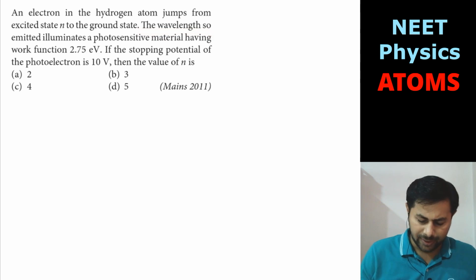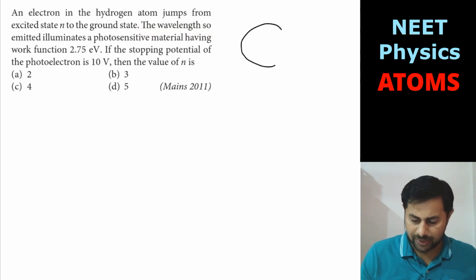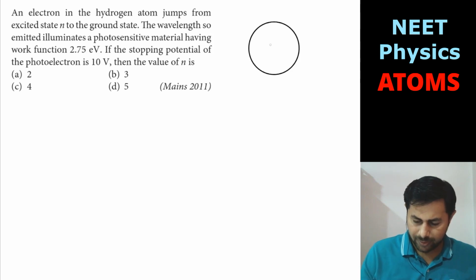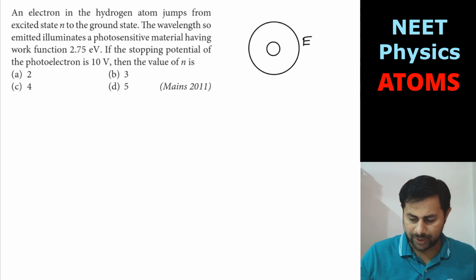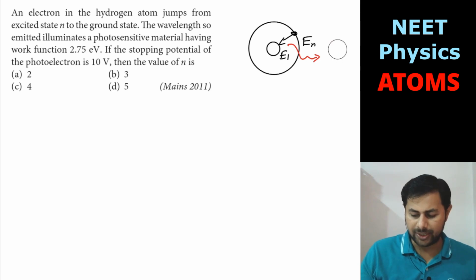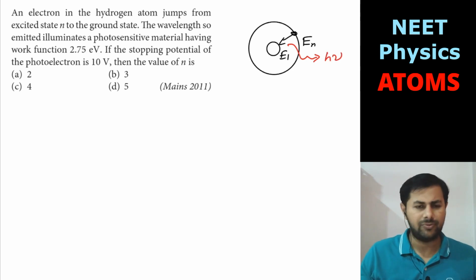So then the electron jumps from excited state N to ground state. So this is state N, where it will have energy En, to the ground state, where it will have energy E1, and it radiates a photon having energy equal to h nu, which would be equal to En minus E1.